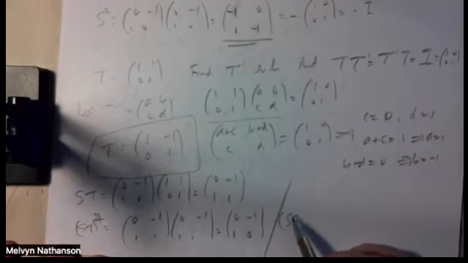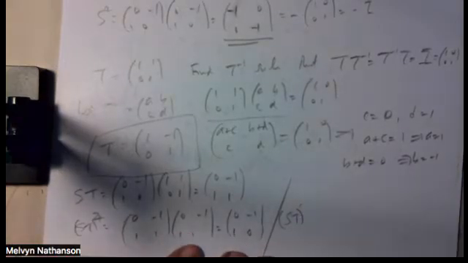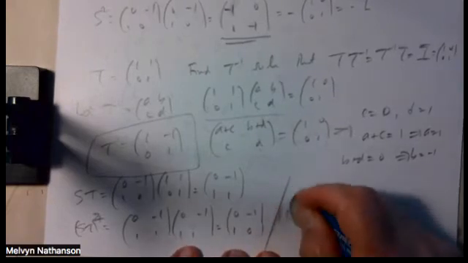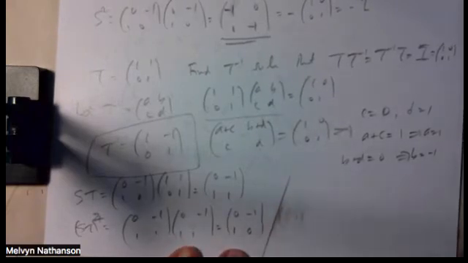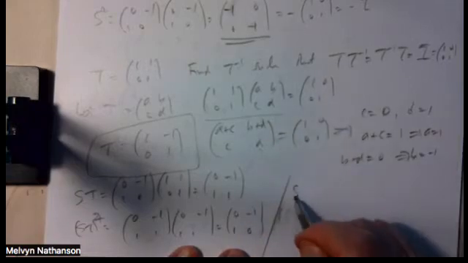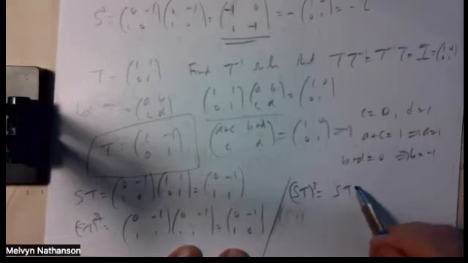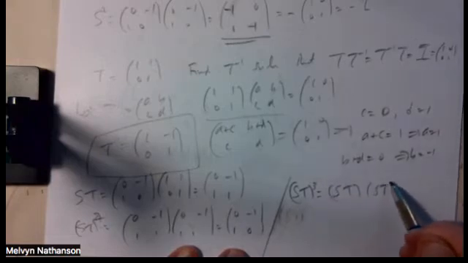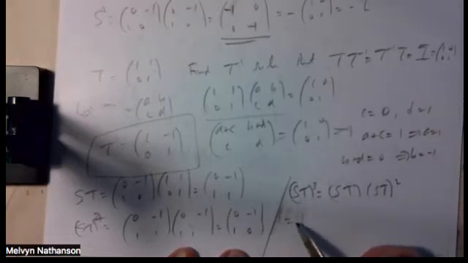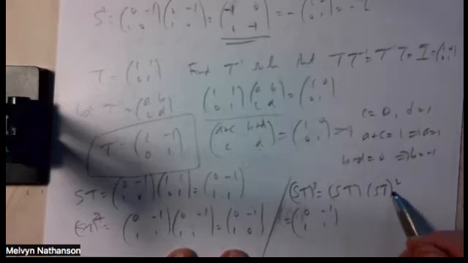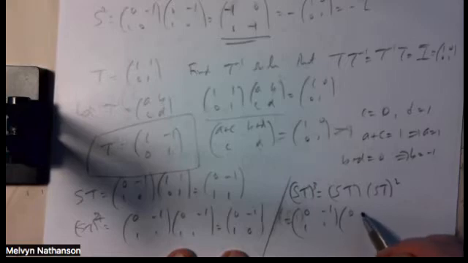What is ST cubed? So ST cubed is ST times ST squared. ST is 0, minus 1, 1, 1. ST squared is 0, minus 1, 1, 0.